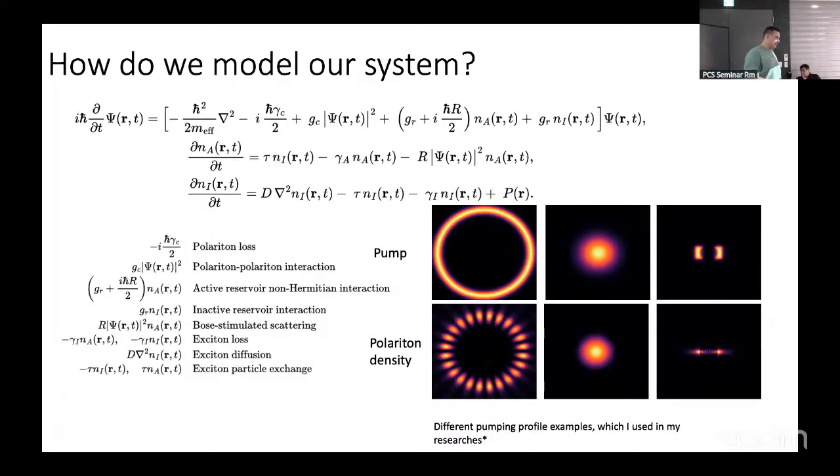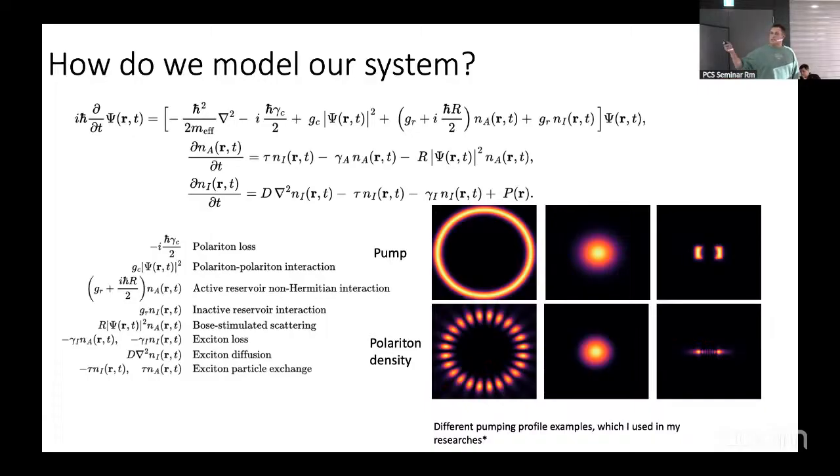But from some other experiments, which I don't want to discuss today, it's evident that the overlap of the pumping profile and polariton emission could be very small, almost zero in experiment. So we have to assume some broadening of the exciton reservoir.